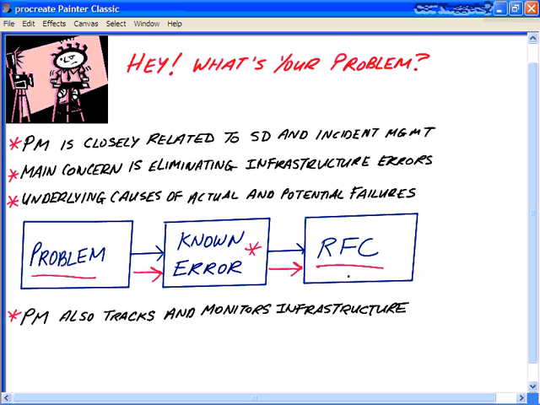A request for change, not a request for comment like we see up on the web with RFCs for IP addressing and how TFTP works and things like that. IPsec, for example, RFC in the sense of request for change. A request for change is going to be a document that proposes a change, typically allocating time, resources, and people to the infrastructure to eliminate a known error.